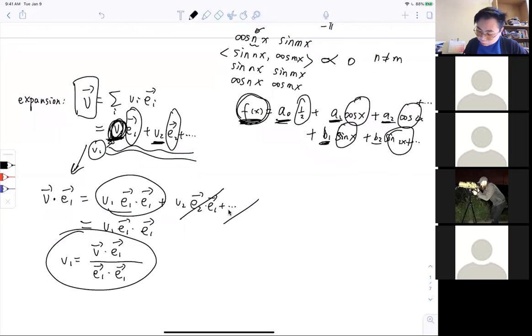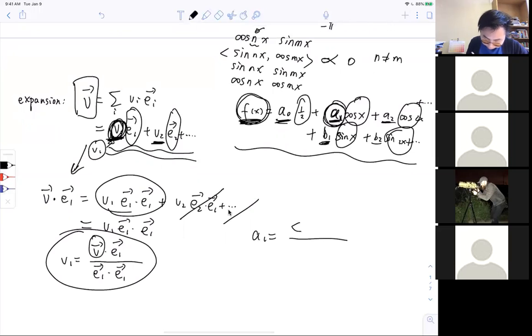So similarly, what we have here is quite similar. For example, if we want to get the coefficient A1, A1 is also given by the inner product of f(x) and the corresponding basis, which is cosine x, divided by the inner product of cosine x with itself.